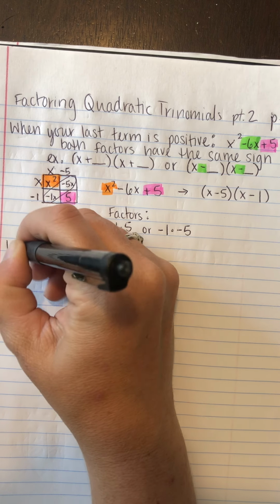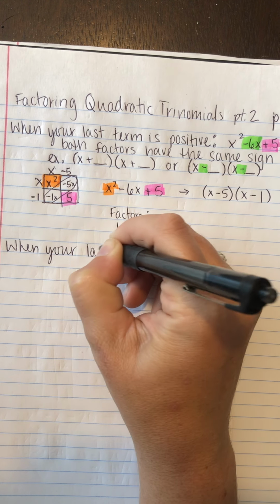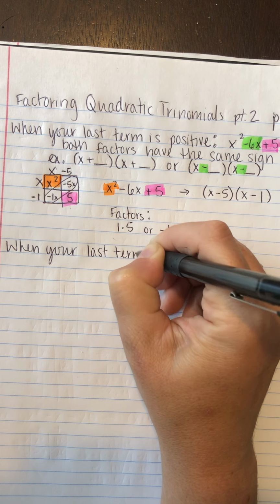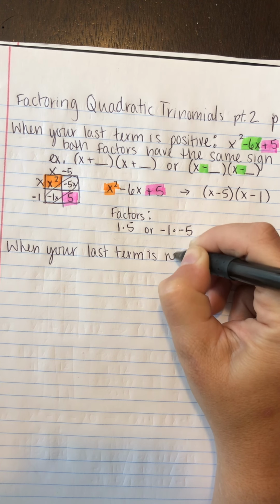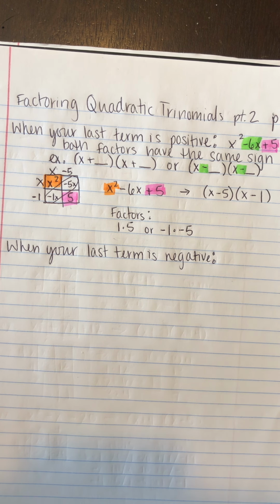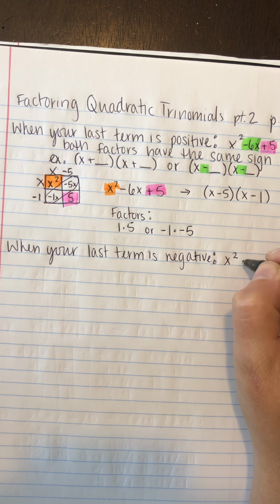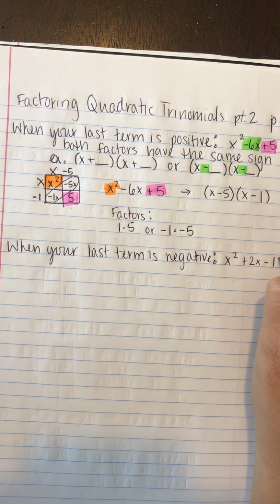The second thing we're going to talk about is when your last term is negative. All right, so an example of this might be like x squared plus 2x minus 15.